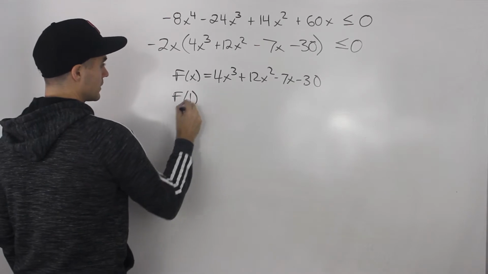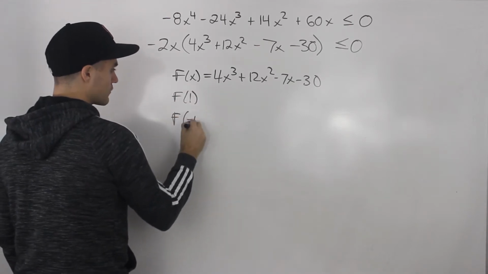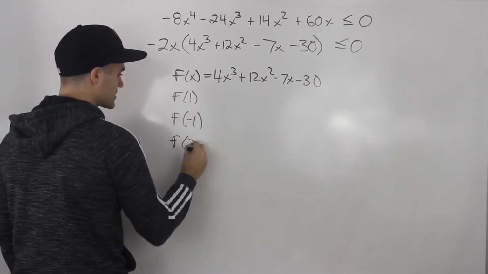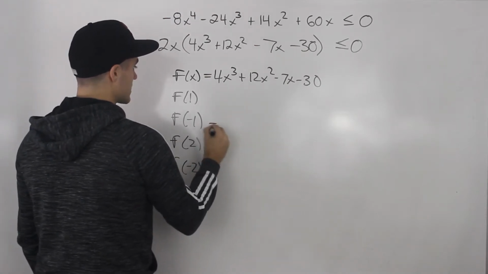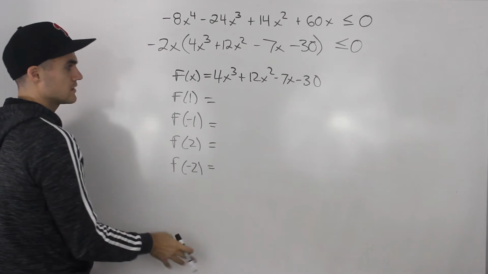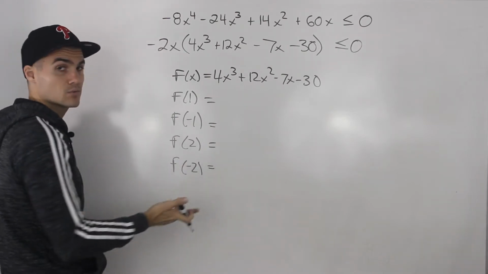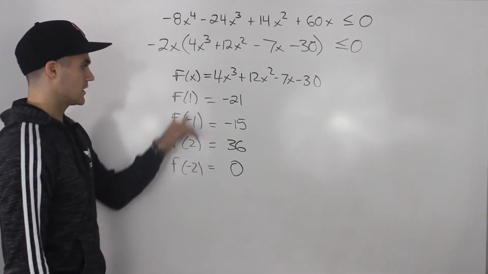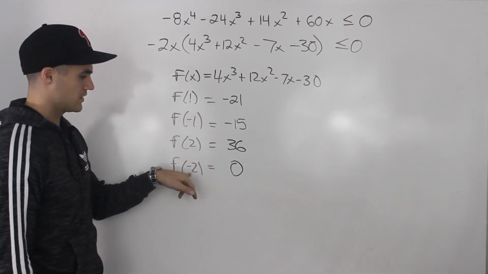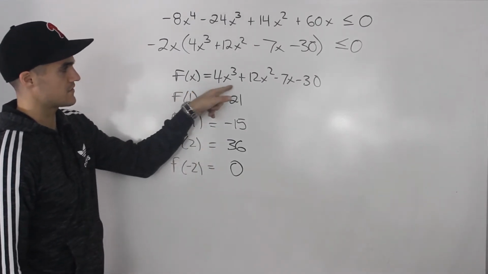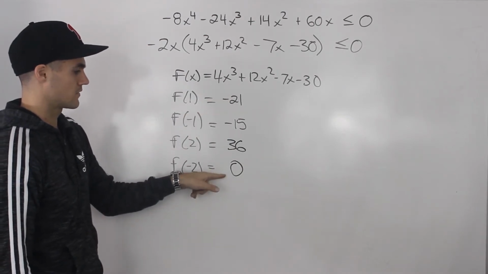So we're going to have to plug in 1 for x, negative 1, positive 2, negative 2, etc., right? Keep going down until we find something that makes it equal to 0. So when we plug in these x values, we get these respective y values. And notice when we plug in negative 2 for x here, we get 0.